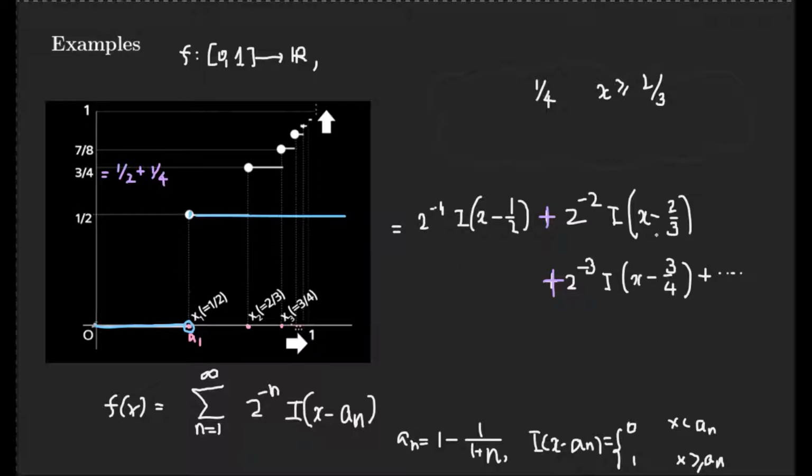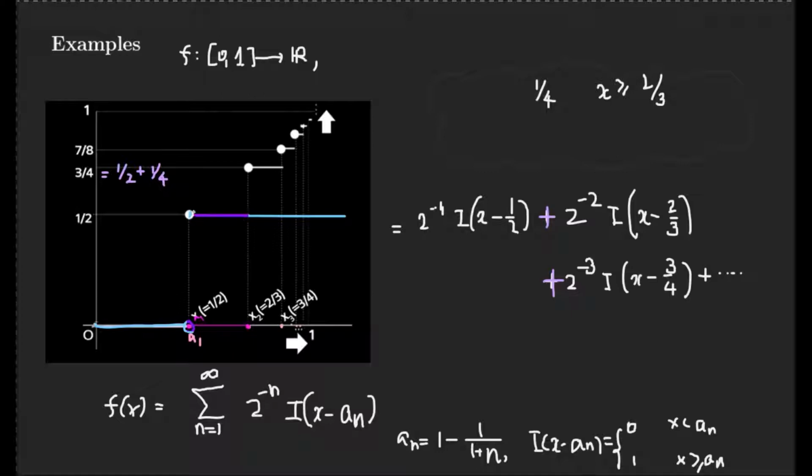And if x is smaller than 2 over 3, the remarkable point is that in the range between 1 over 2 and 2 over 3, the value is still 1 over 2, because x is smaller than 2 over 3, so nothing more is accumulated, but x is already more than 1 over 2.